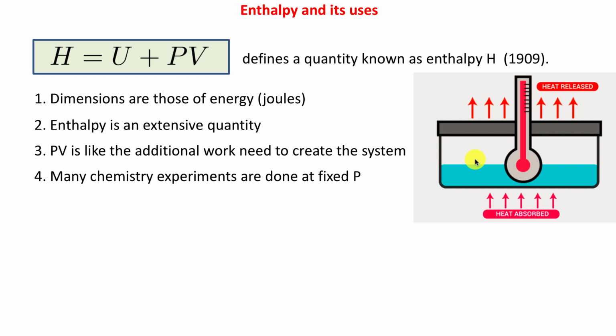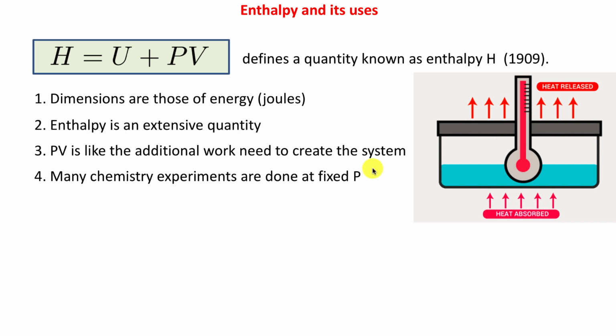Well, if it increases its size, it's going to push the atmosphere up, which means that it is going to do work. And so the amount of heat that you will need to melt that substance will be different depending upon whether you allow this to move up or you don't.